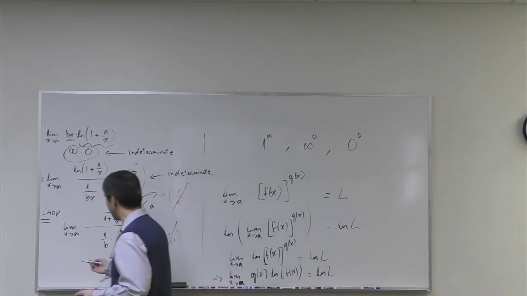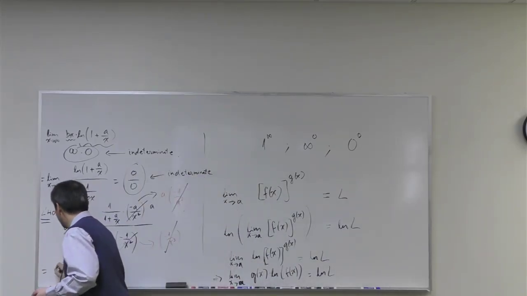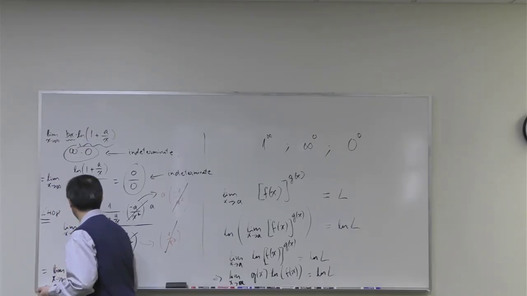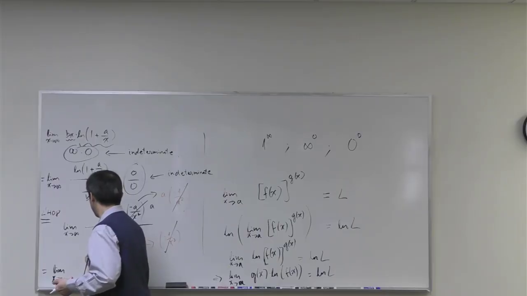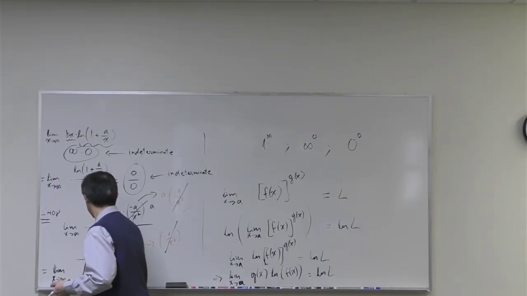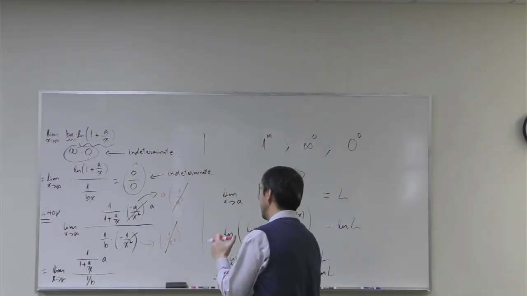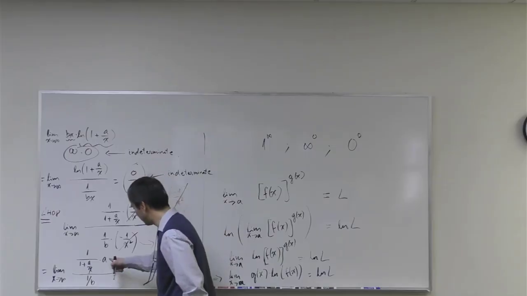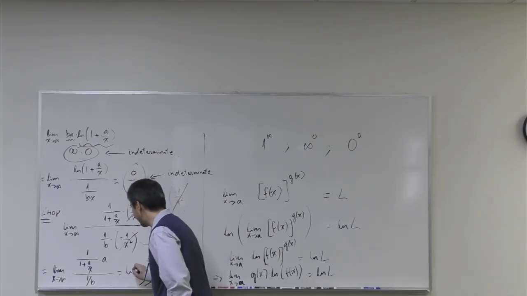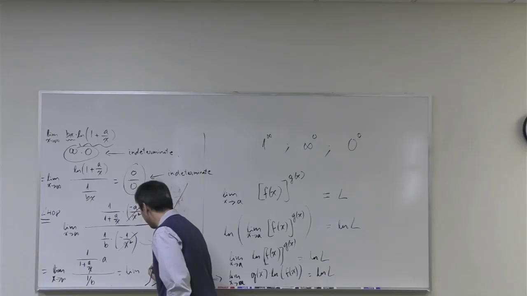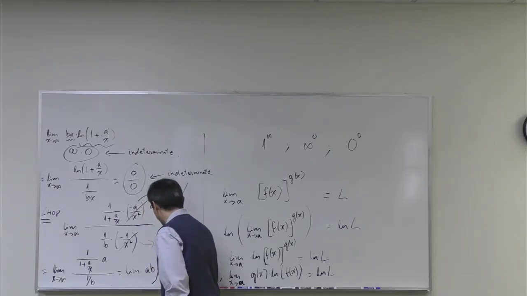Okay, so now the limit algebraically reduces down to the limit as x goes to infinity of 1 over 1 plus a over x, times a, divided all of that by 1 over b. Let's clean up the term here. It's really just ab times 1 over 1 plus a over x.